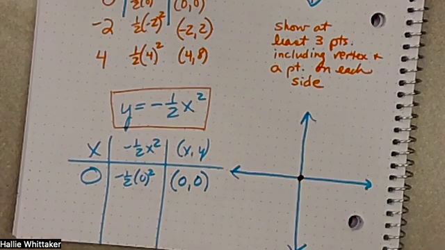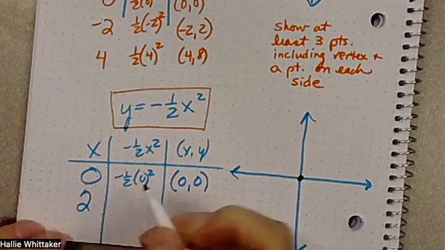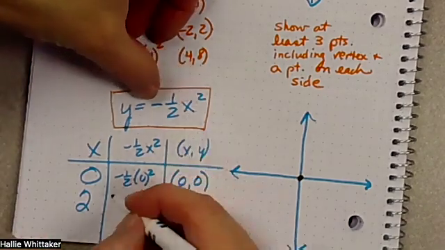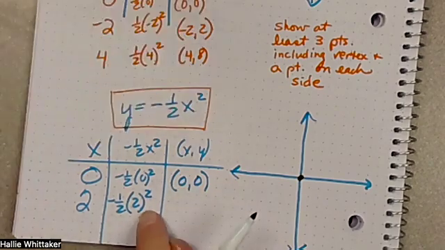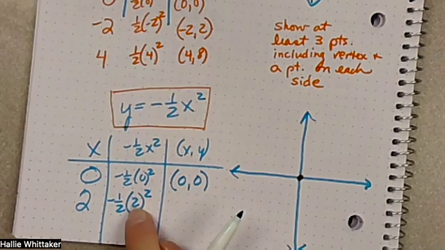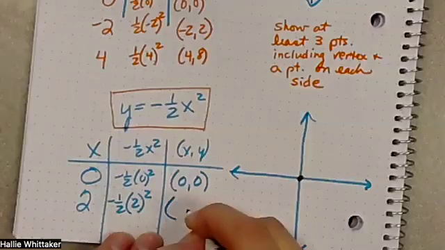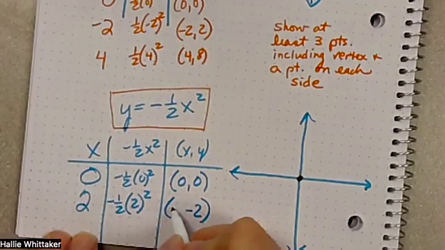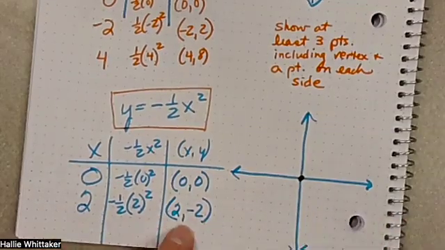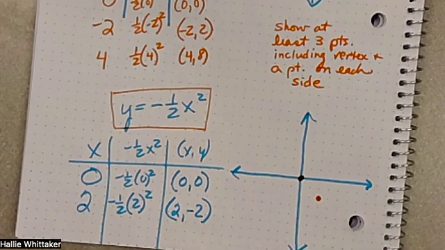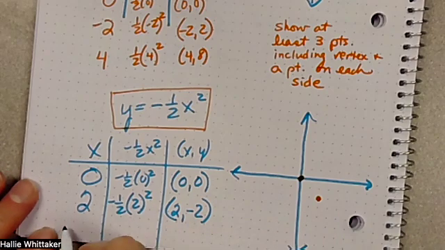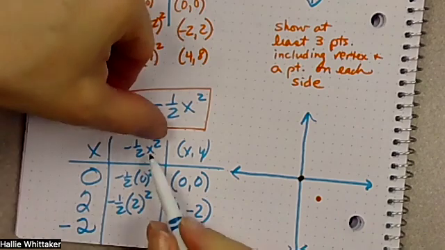Okay, give me another one. 2. Substitute that in for x. -1/2 times 2 squared. Again, just be careful. 2 squared is 4. 4 times -1/2 is going to be -2. And our x was +2. So there's your next point, 2, -2. And then I think you all will say -2, right? So substitute that in.